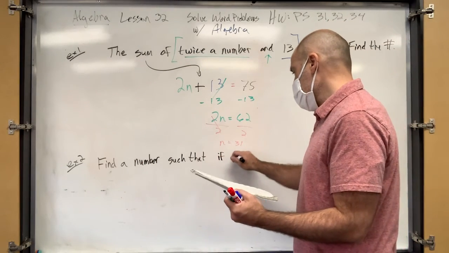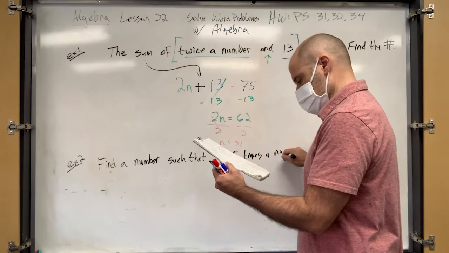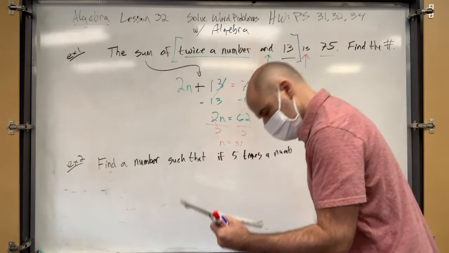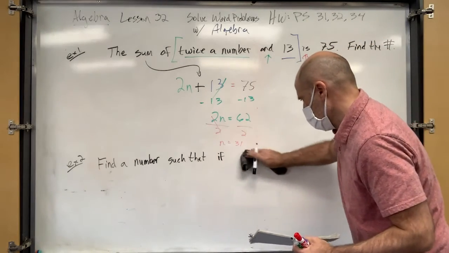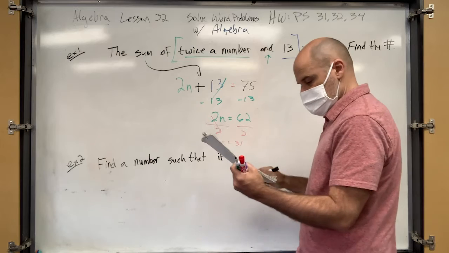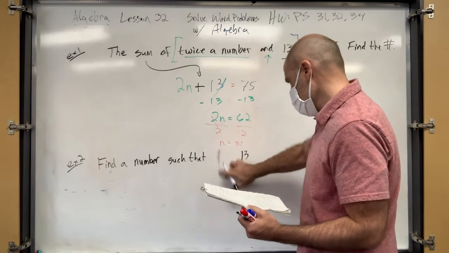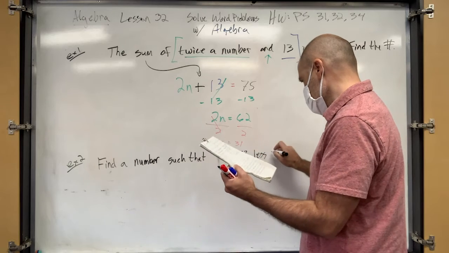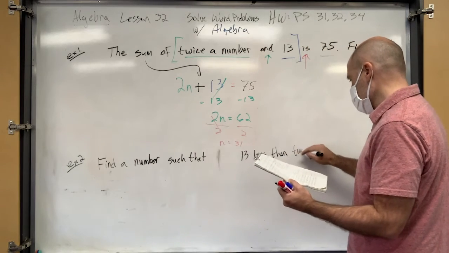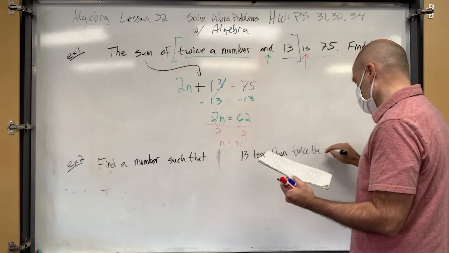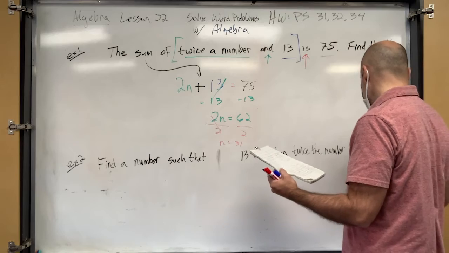If 5 times a number, oops, sorry, that's example 3. Sorry if you wrote that down. Find a number such that 13 less than twice the number is 137.